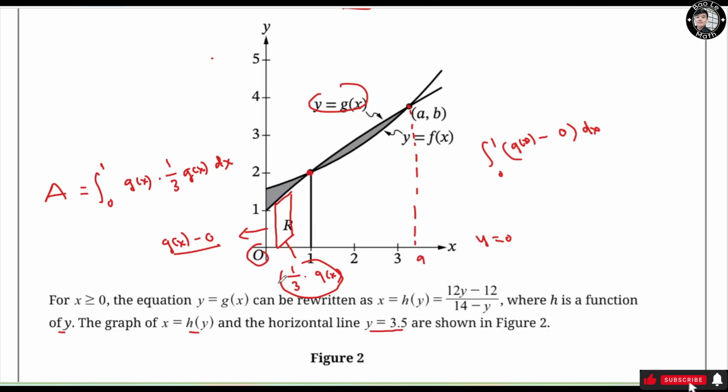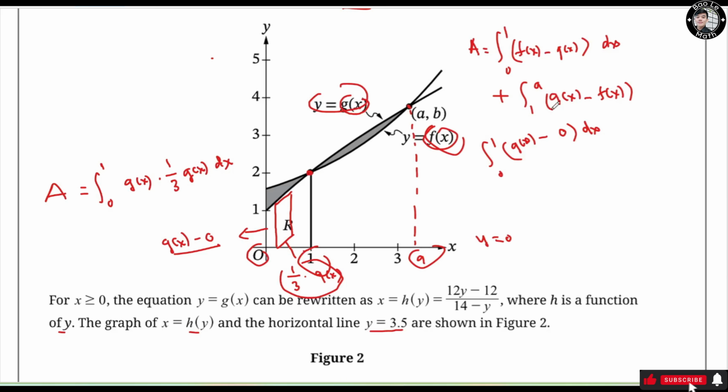From 0 to 1, the function g of x is below the function f of x, so we have the integral from 0 to 1 of f of x subtract g of x, dx. From 1 to a, the function g of x is above f of x, so we add the integral from 1 to a of g of x subtract f of x, dx.